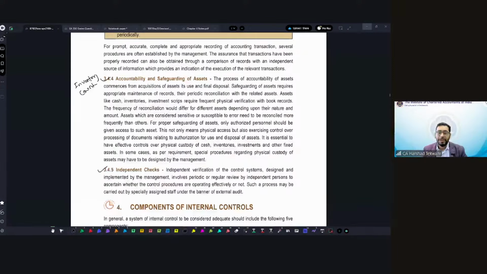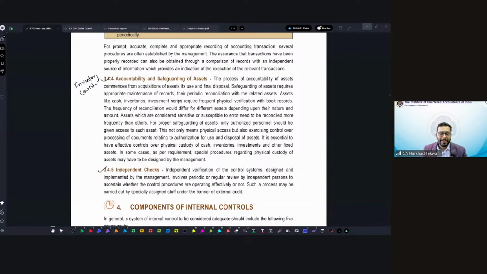There could be multiple types of internal controls and multiple things involved, and you need to understand all of them. These components help you understand how and in what way the internal control is designed, structured, and how it plays an important role.